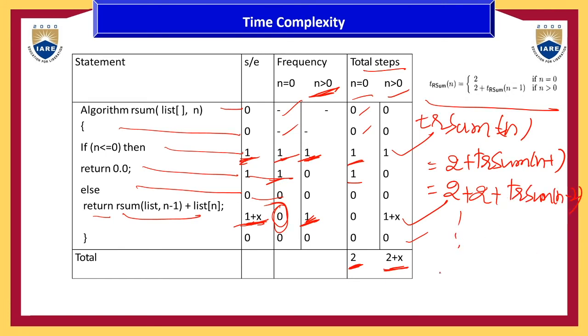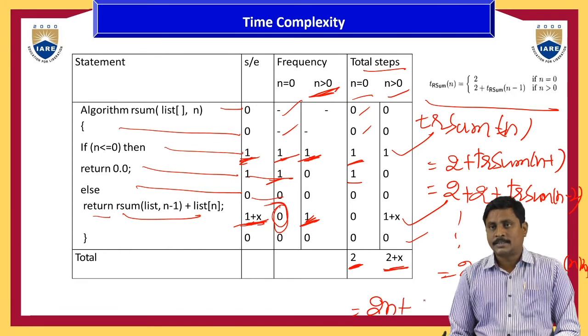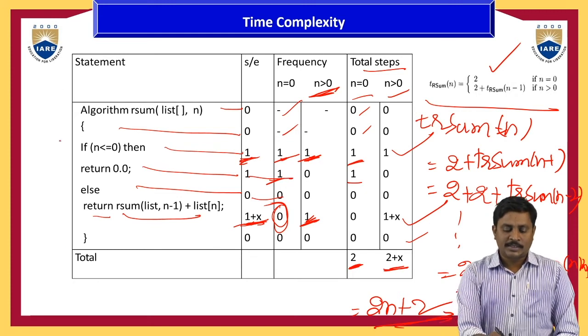And so on, it repeats n minus 1 times. So 2 plus and so on, 2 occurs n times including this 2, plus tr sum of n minus n, which is 0. So it repeats 2 plus n times, meaning 2n plus tr sum of 0, whose value is 2. 2n plus 2 is the time complexity of this recursive sum.